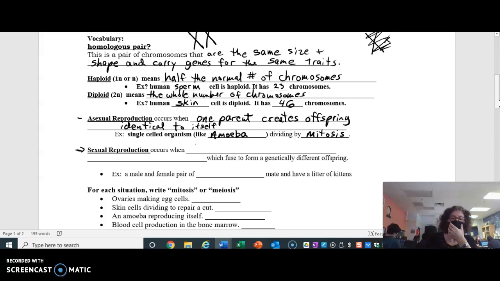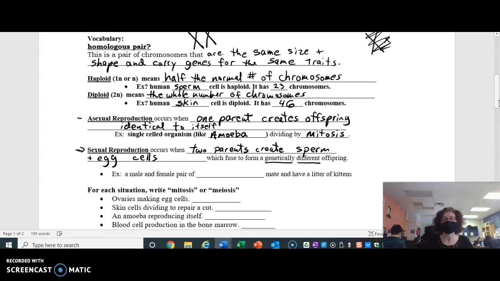Sexual reproduction is what more advanced organisms do, and it's got a lot of advantages. So this occurs when you have two parents. Two parents create sperm and egg cells which fuse to form a genetically different offspring. So you have an egg cell and you have a sperm cell.